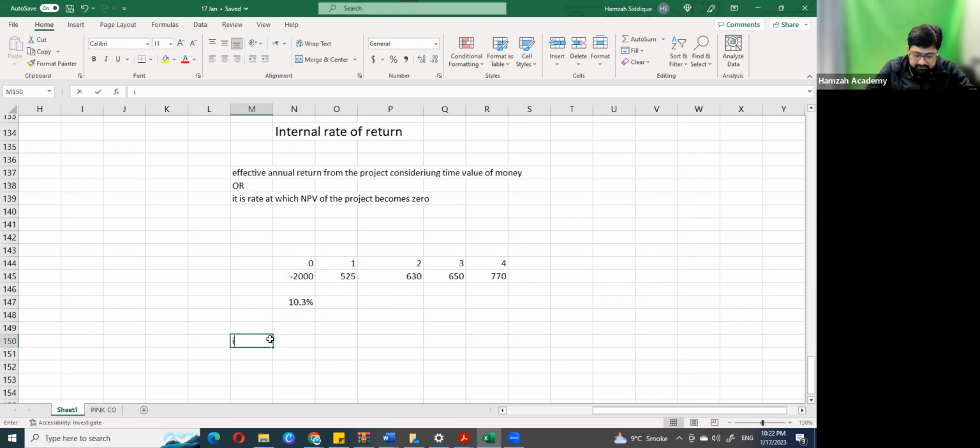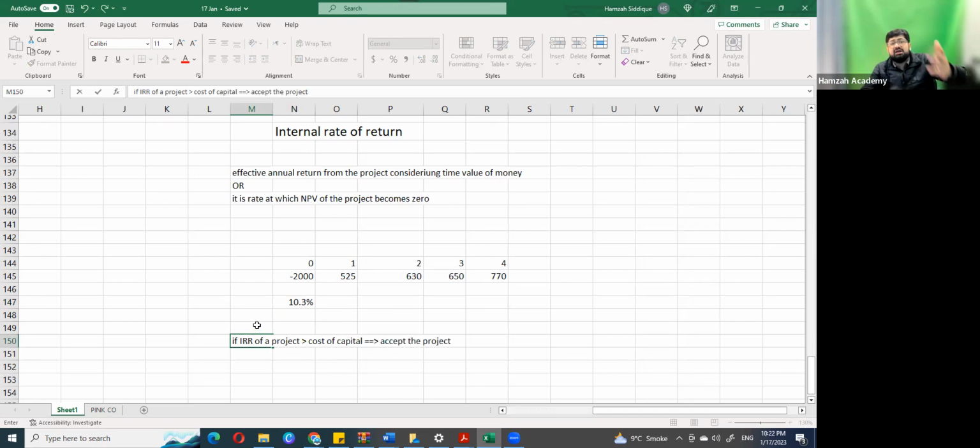The rule is that if the IRR of a project is greater than the cost of capital, we say accept the project. Why? Because IRR is the return from the project, and the return is greater than the cost. So accept. Otherwise, if it is less, reject the project.